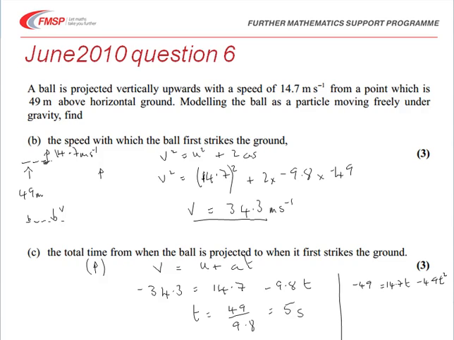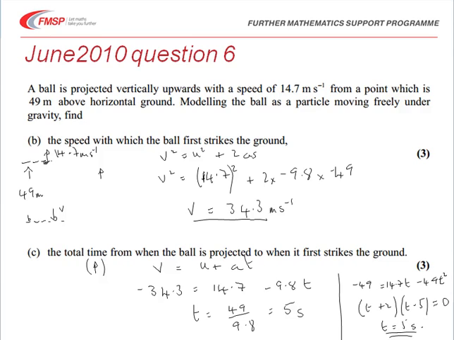You get a quadratic which factorizes to t plus 2 and t minus 5 equal to 0. So taking the positive value of t, t is equal to 5 seconds. So whichever way you prefer to do that will lead to the answer of t equal to 5.